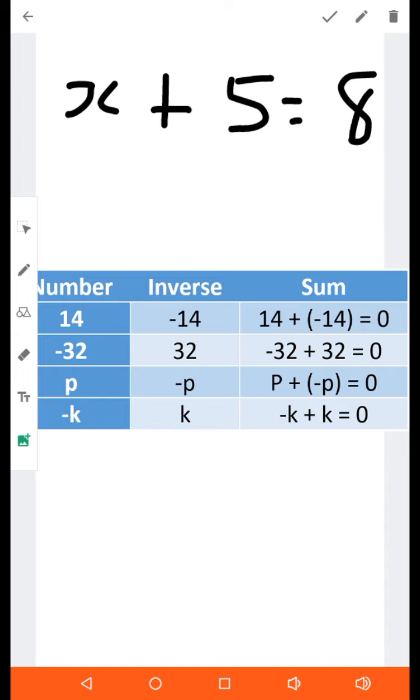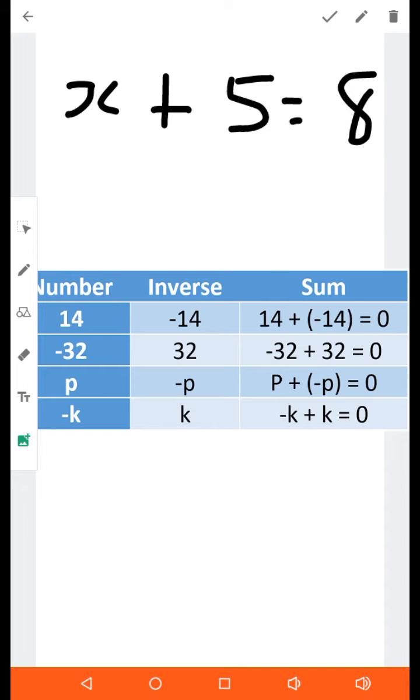You need to know a number and its inverse. So when you pick 14, its inverse is negative 14. And when we add the two, the sum gives us 0.